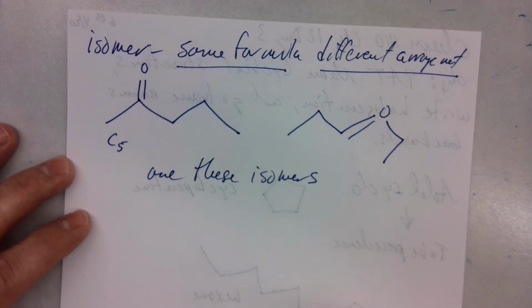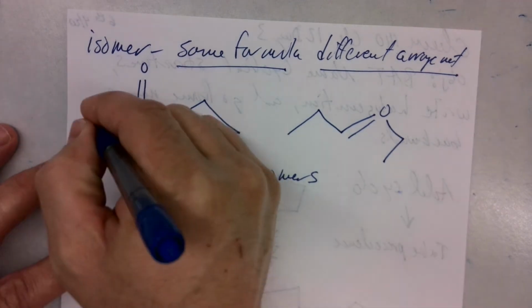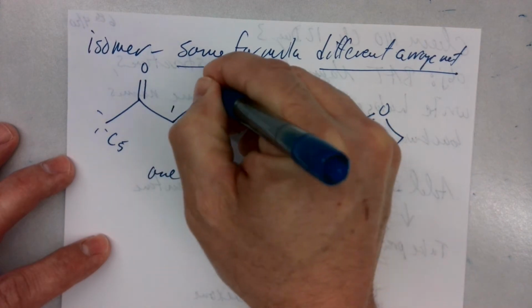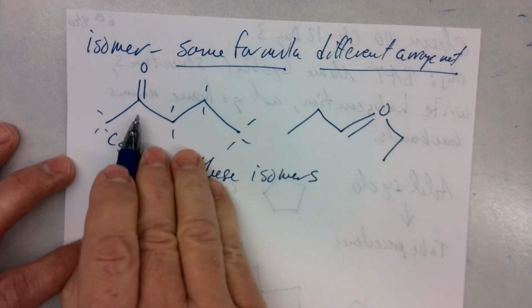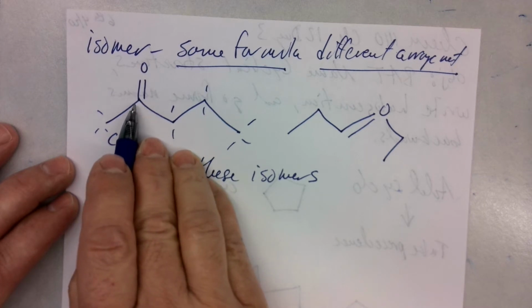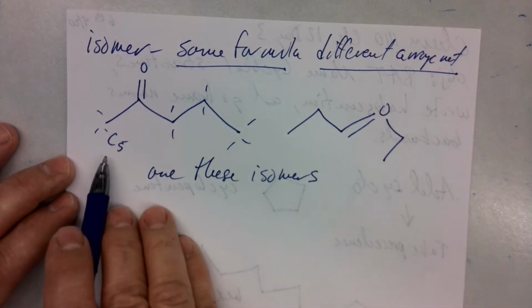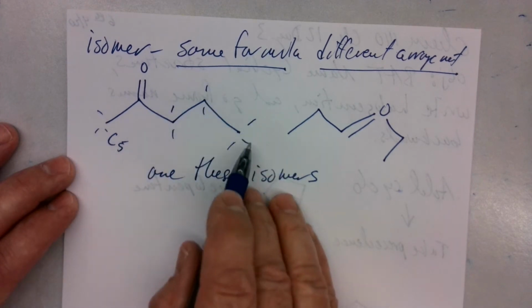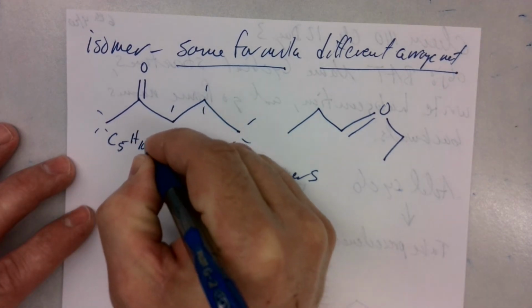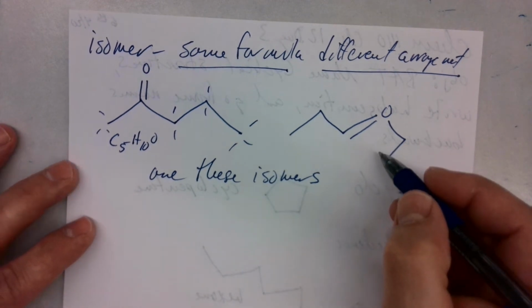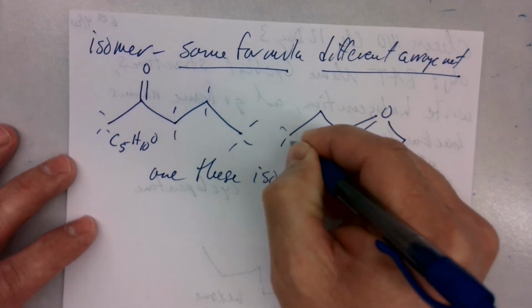How do I know how many H's I've got? Are there any H's right here? Why not? It's already got 4 bonds, right? So I've got C5, and H: 1, 2, 3, 4, 5, 6, 7, 8, 9, 10. C5, H10, O. Okay? I'm going to come over here and figure out what it is, right?